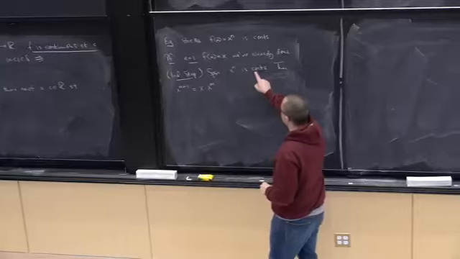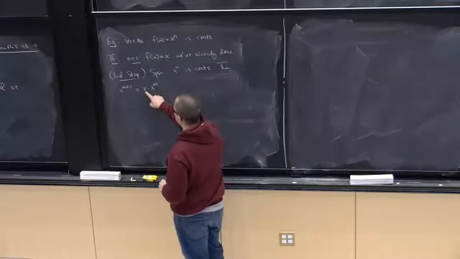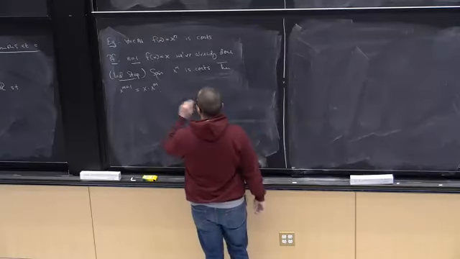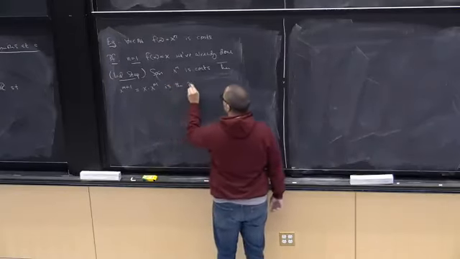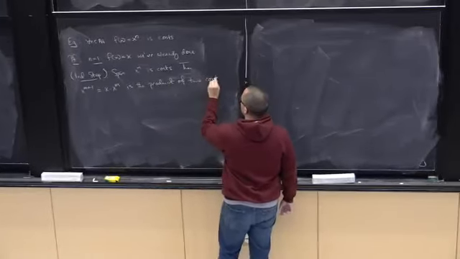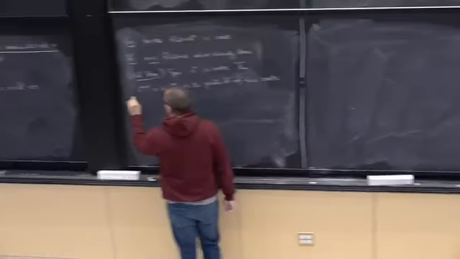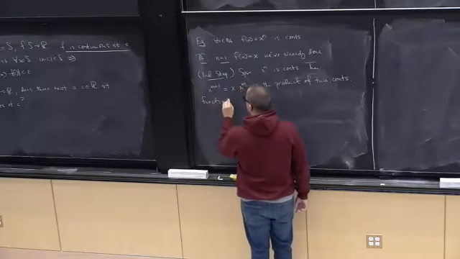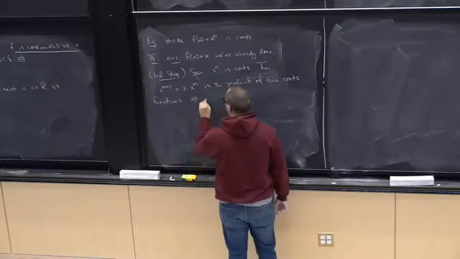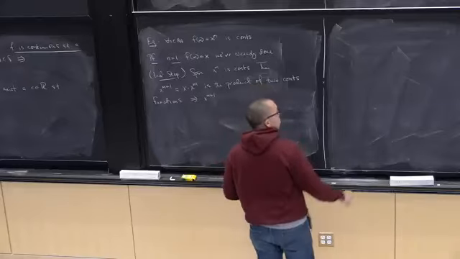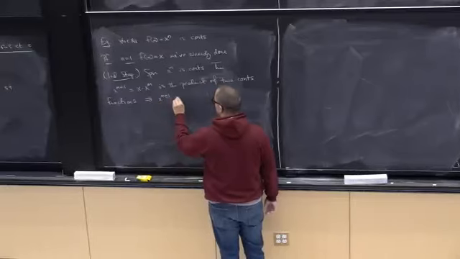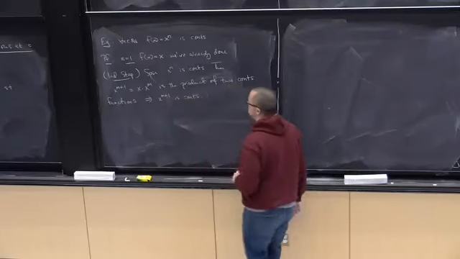And since x to the m is continuous, and the function f of x equals x is continuous, it's the product of two continuous functions, which by the theorem we proved implies that x to the m plus 1 is continuous.